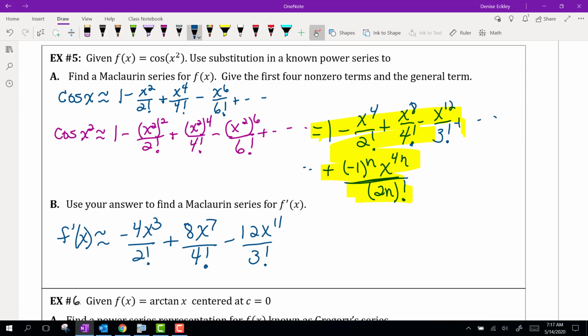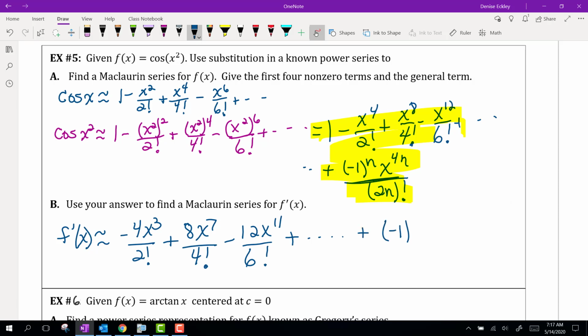whoops, I made a mistake there. This should be 6 factorial here. Apologize for that, because I'm looking at that and I realized that that didn't make sense, over 6 factorial. So anyway, what I was saying is it's a lot easier to use a power rule. We just have variable to a positive integer times some number, which is great, a rational number. So this is going to lead me to a general term.